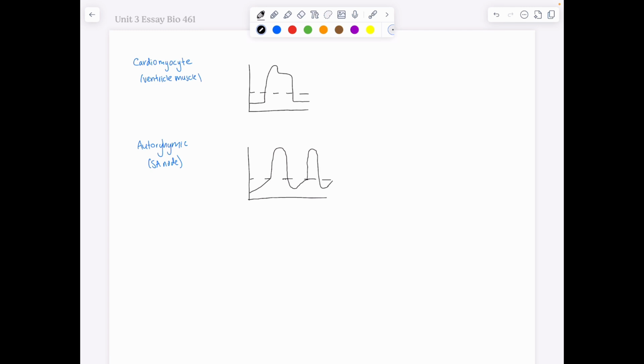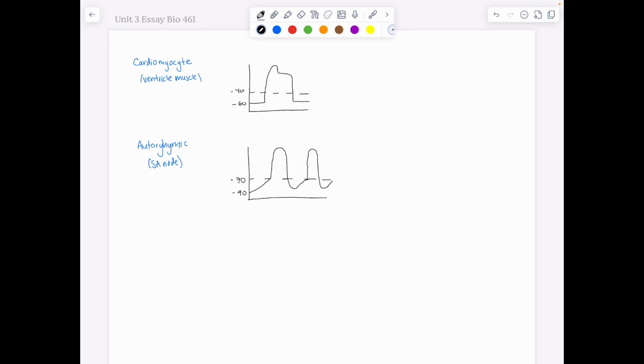And so now let's talk about the different channels that are involved. One thing to note is that this is -60, -90, -40 threshold, -70. And I could have those flipped, but that's what we're going to do for now.